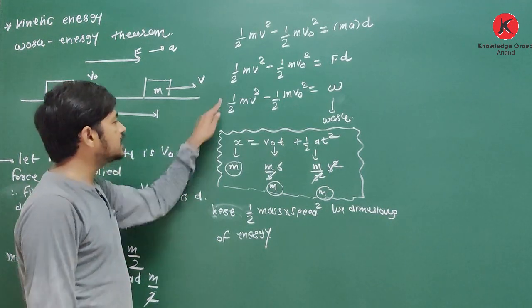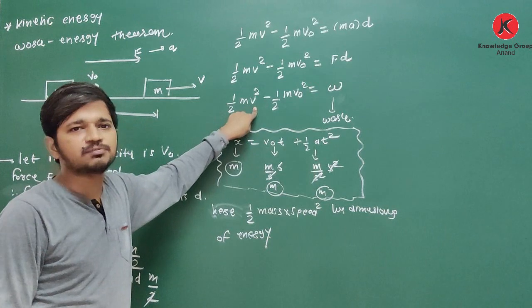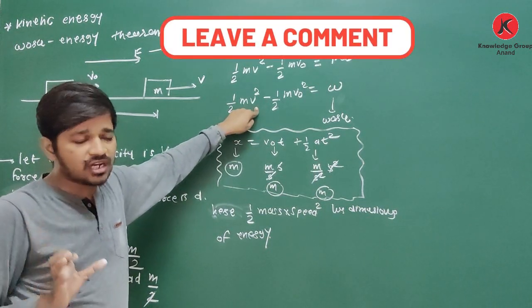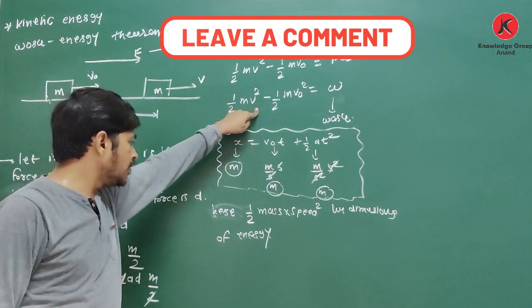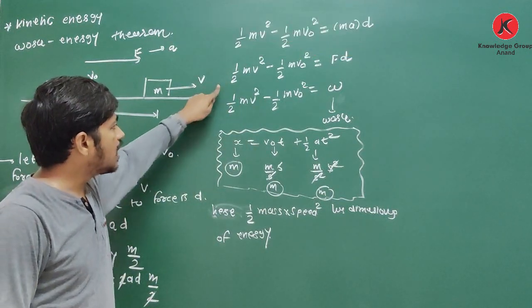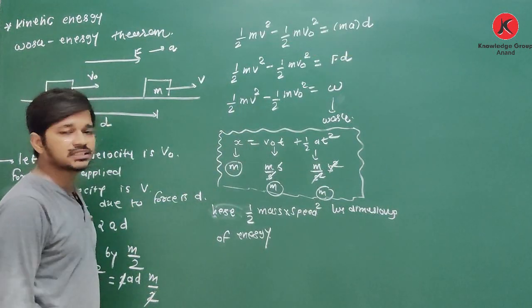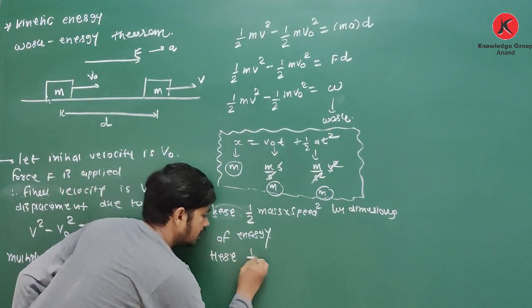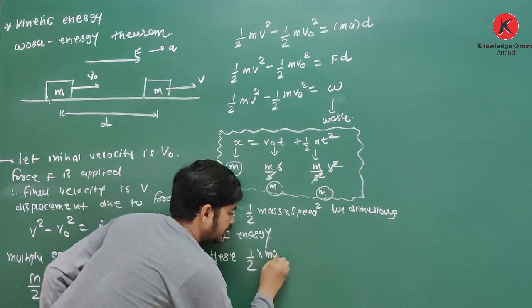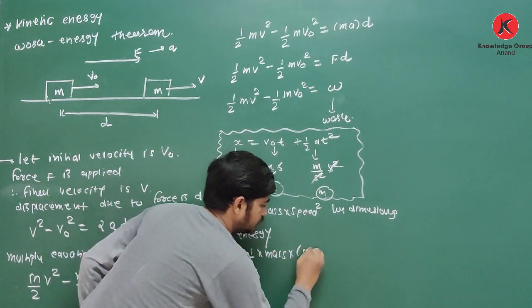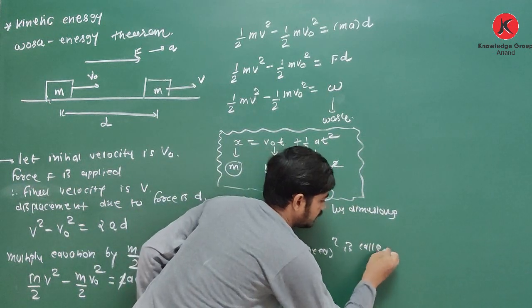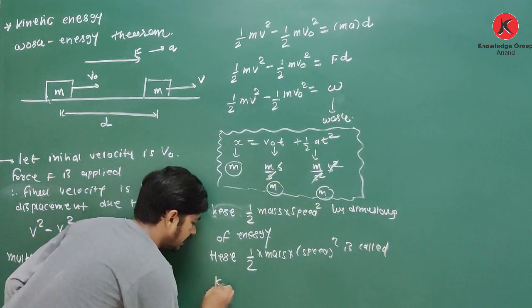As it is half mass, v that is speed, and speed is due to its motion. Whenever an object is in motion, it has some speed. So this term, half mv square, half into mass into speed square, is called kinetic energy.